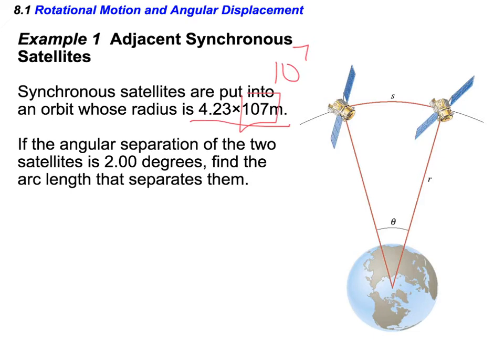And if the angular separation of the two satellites is 2 degrees, we want to find the arc length that separates them. So let's make sure we understand what we're talking about here. We're not necessarily talking about the exact distance or the shortest distance between the two. We want to talk about the path distance, so the distance along the circular path that differs between their two positions.